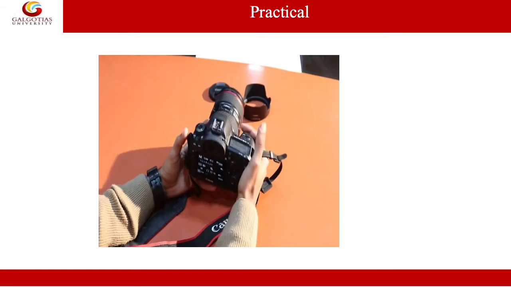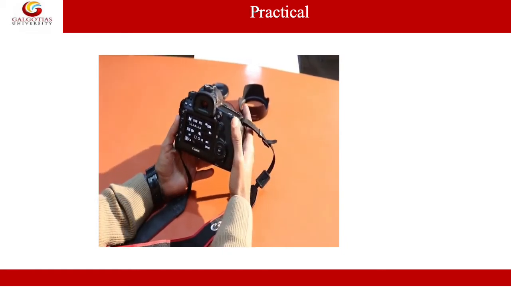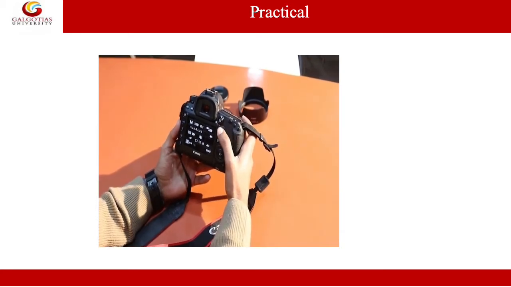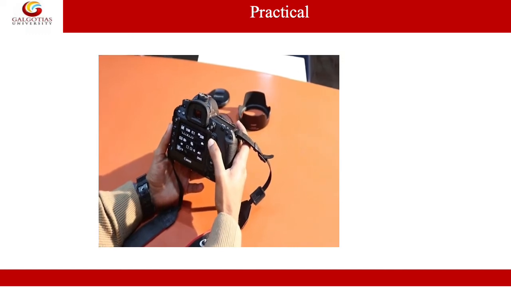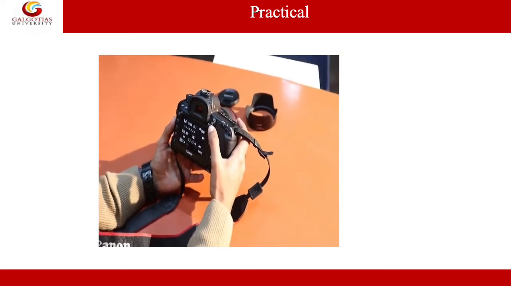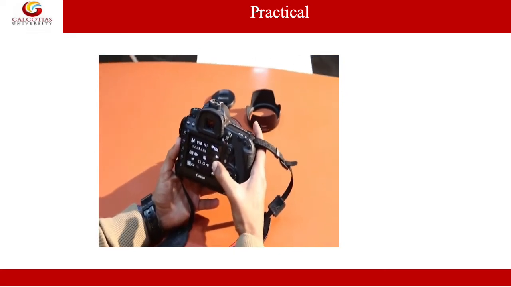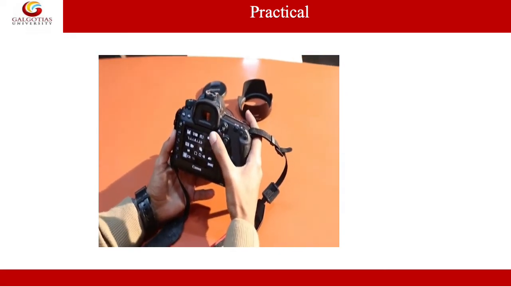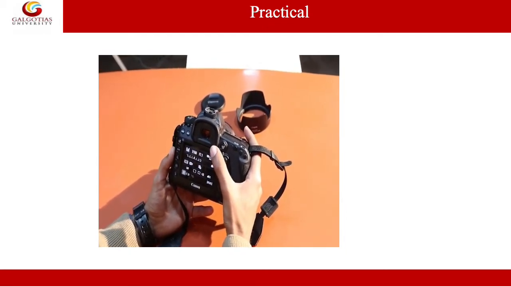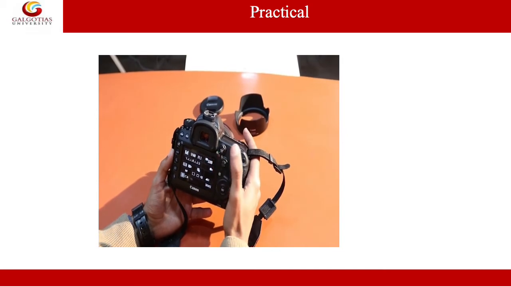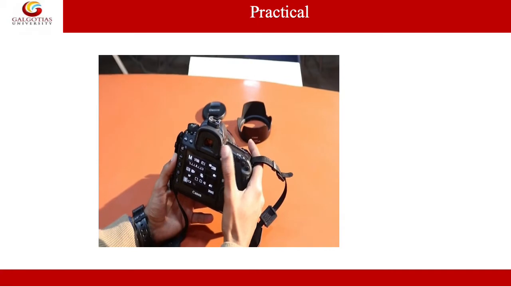Our camera is set on the manual mode, where we have all the controls to set. The first thing we need to learn is how to shift this screen from the viewfinder mode to the LCD display. Now this camera is set on viewfinder mode, where in order to preview the image you are going to capture, you need to see through this viewfinder.